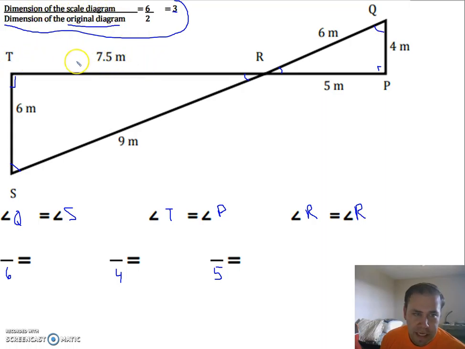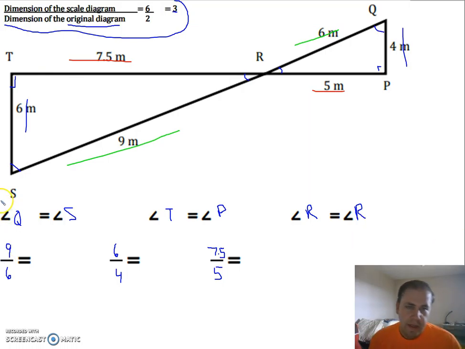So for TR, that's corresponding with the 5. So 7.5 over 5. Then they have SR, which is corresponding with QR. So 9 over 6. And then lastly, TS is corresponding with QP. So these are proportional. These are proportional. And these are proportional. And the angles are the same.